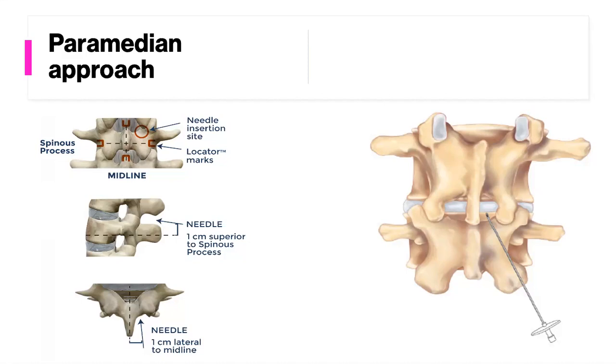Then you enter your needle at a 15-degree angle into the vertebral canal. Some texts say that you might need a longer needle because now you have a longer path to traverse before you get into the subarachnoid or intrathecal space.